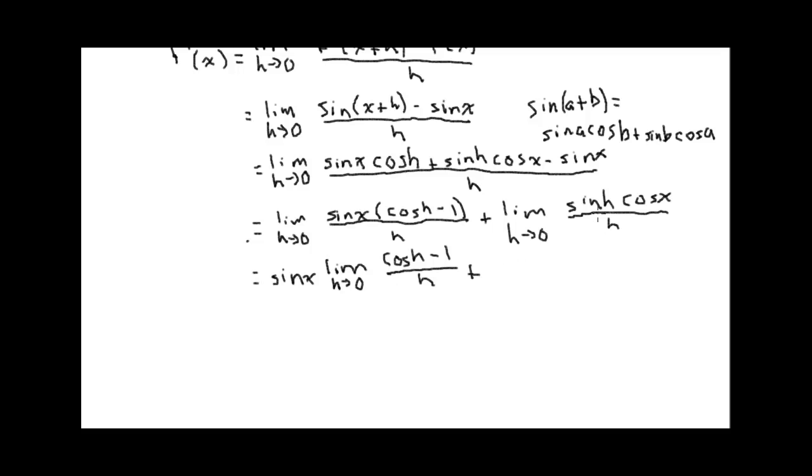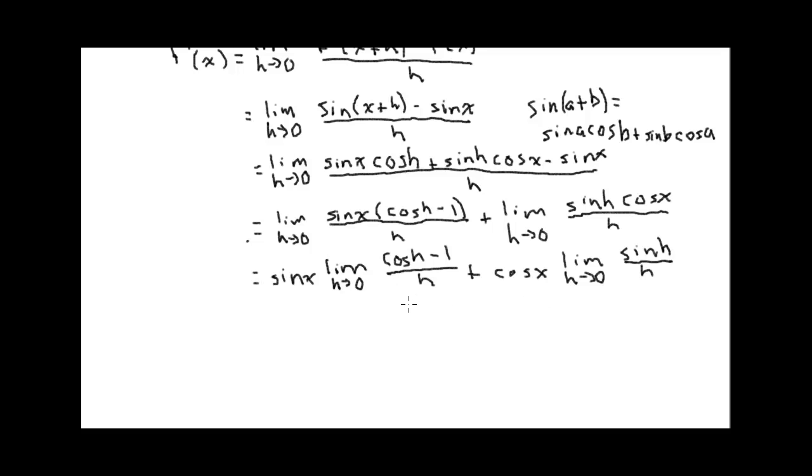plus, and then again I have a cos x, which is constant relative to h, so I can take out the cos x, and then inside that limit I'll still have sine h over h.